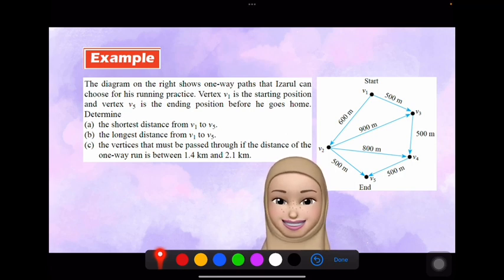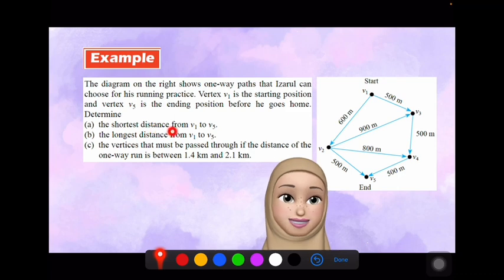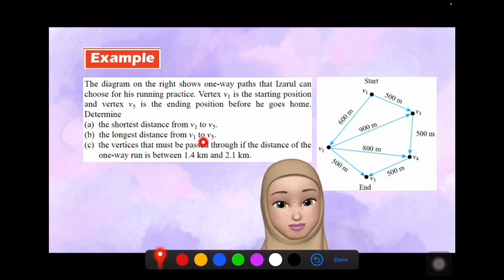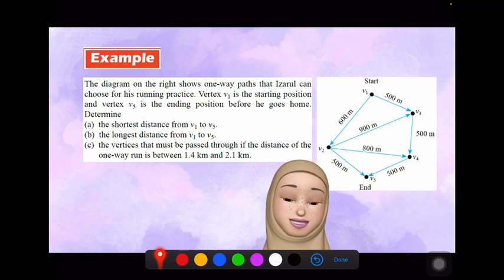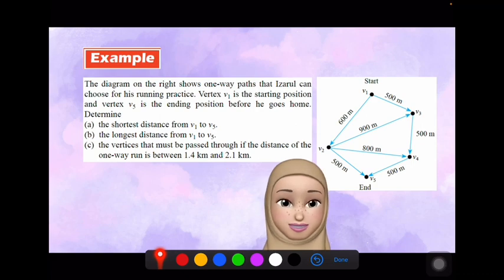So you have to determine A, the shortest distance from V1 to V5, B, the longest distance from V1 to V5, and C, determine the vertices that must be passed through if the distance of the one-way run is between 1.4 km and 2.1 km.